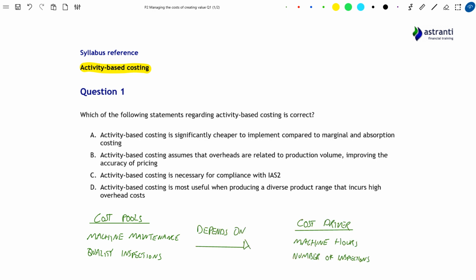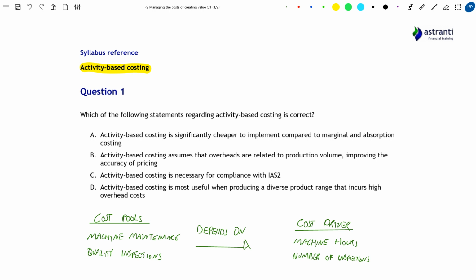For example, for machine maintenance, it could be the case that the more we use our machines, the more wear and tear we get on those machines. Therefore, the machine maintenance cost pool would depend on the number of machine hours used in the relevant period. So in this case, machine hours would be the cost driver for our cost pool.